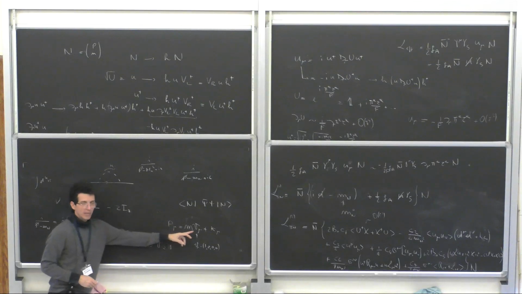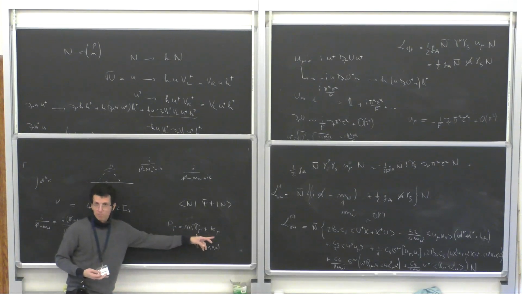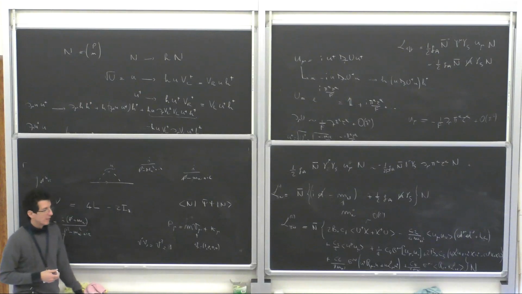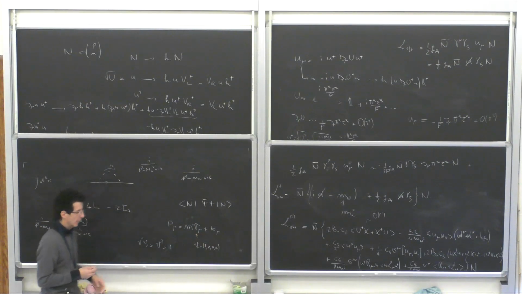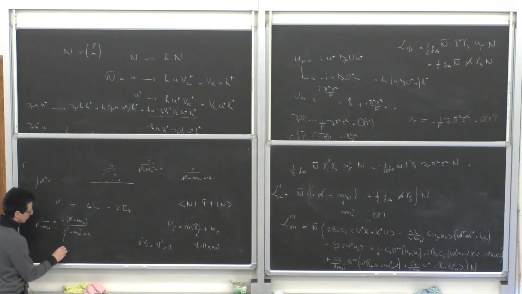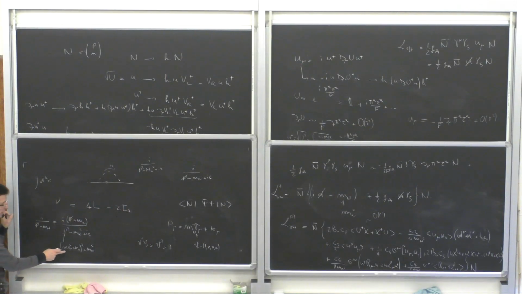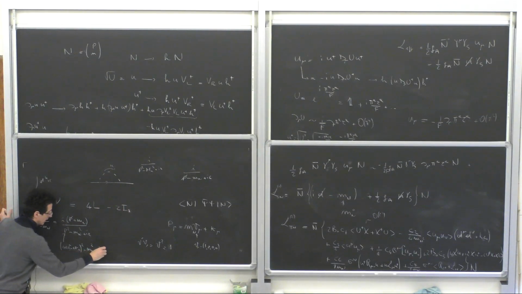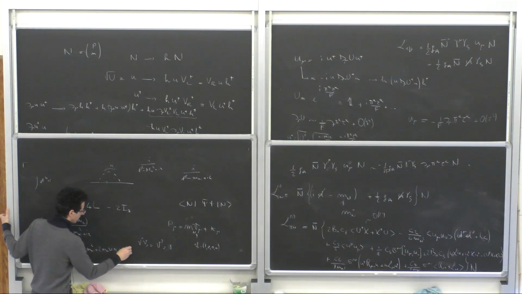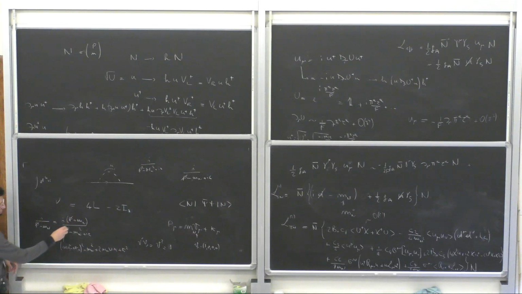Instead of p squared, I express it in terms of this soft momentum given by other particles. So p squared is equal to (m v mu plus soft k) squared, and this is equal to m_N squared plus twice m_N v dot k plus k squared. And so you see that this contribution of the large mass cancels.